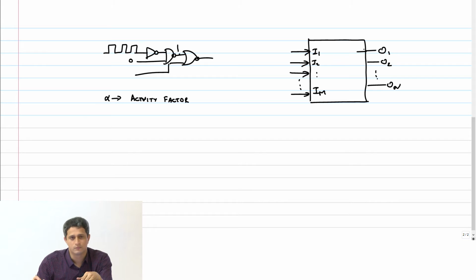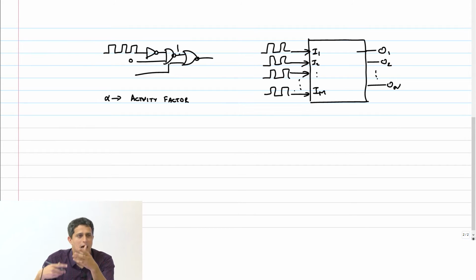Now the inputs could actually be switching every time, doesn't matter, right? This could be ideal clocks, it doesn't matter to me, right? Or it could be some other arbitrary signals, okay? Now the question is, I need to find out how often every node inside this circuit is going to switch. So how do you do that?